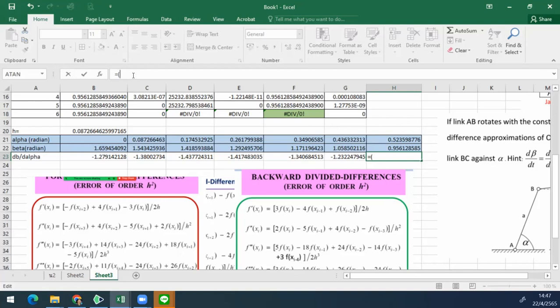For example, if I use the backward formula, that is maybe 3 times f(xi), minus 4 times f(xi-1), plus f(xi-2), and I close the bracket, and I divide by 2, and some students times h like this.